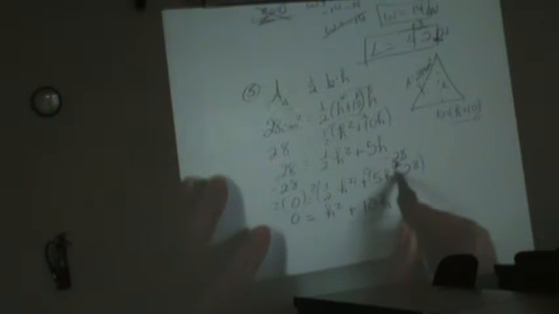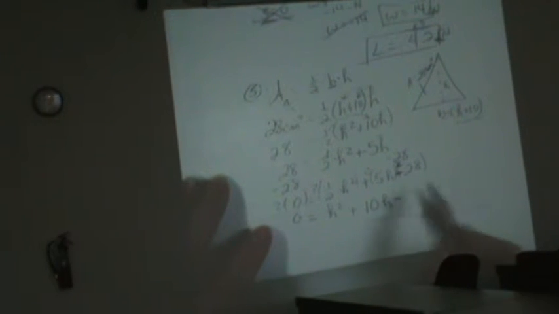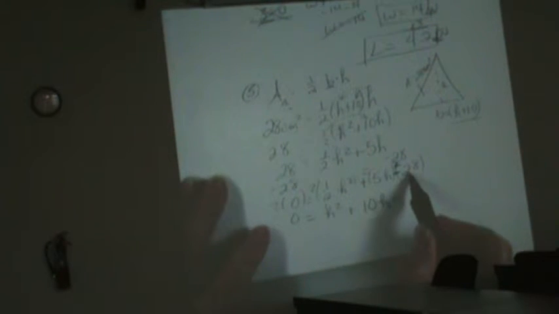Okay, every single term, multiply it by 2. 0 is still 0, right? Now 2 times 1/2 is 1, so that's h squared. 2 times 5 is 10. And then don't forget to leave the minus sign here. 2 times 28 is 56.